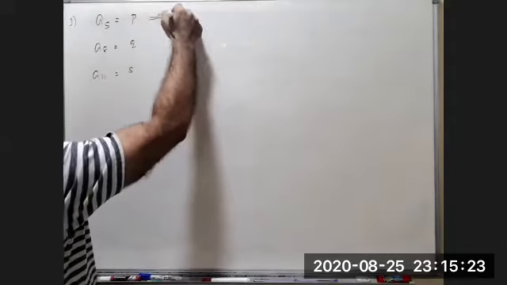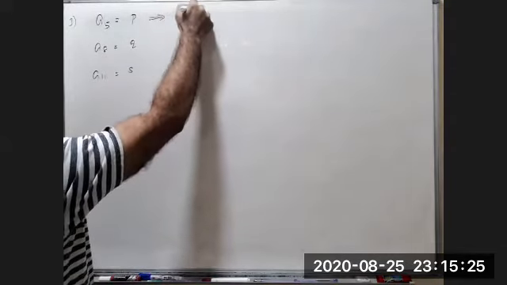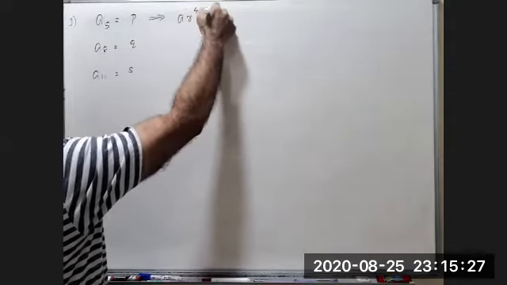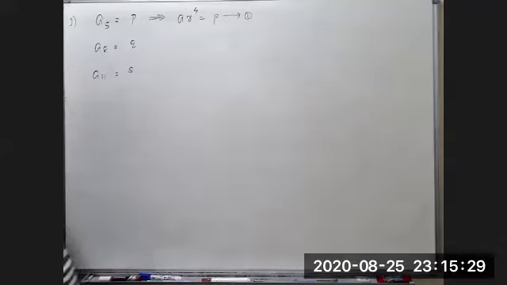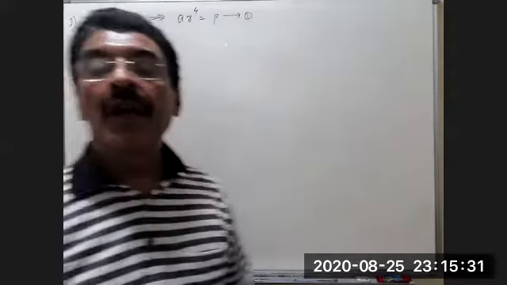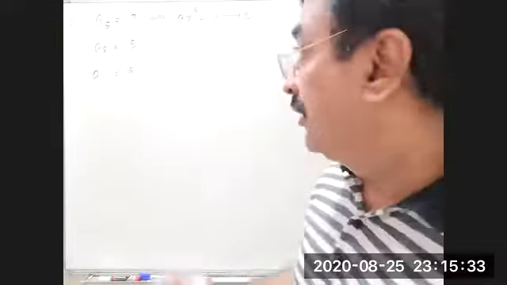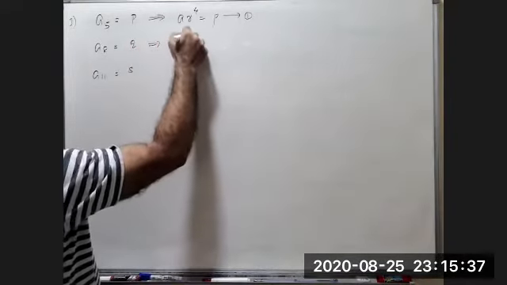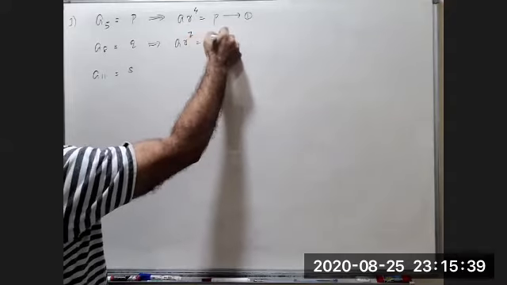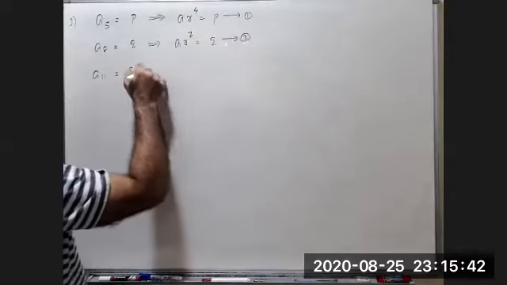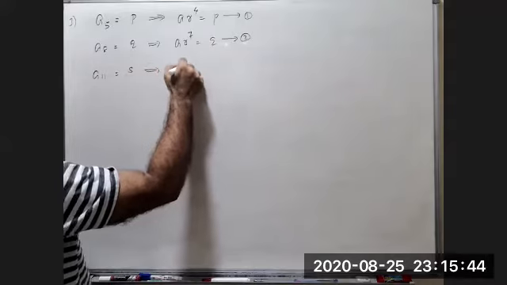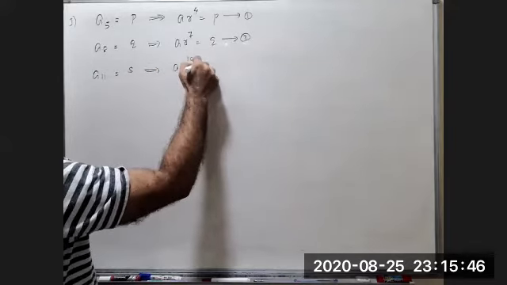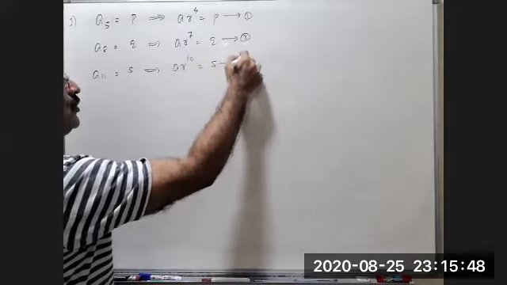A r raised to 4 is equal to P, equation 1. Similarly, A8 means A r raised to 7 is Q, equation number 2. This is A r raised to 10 is equal to S, equation number 3. We got 3 equations.